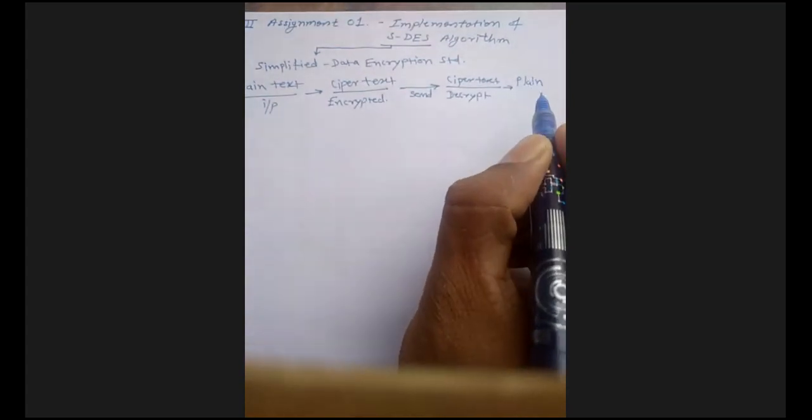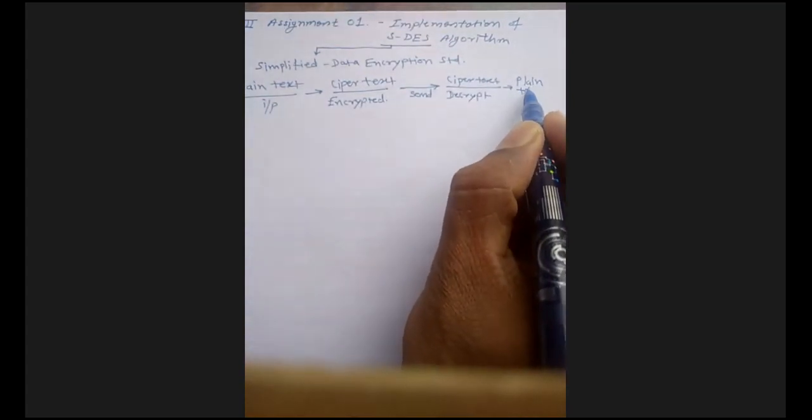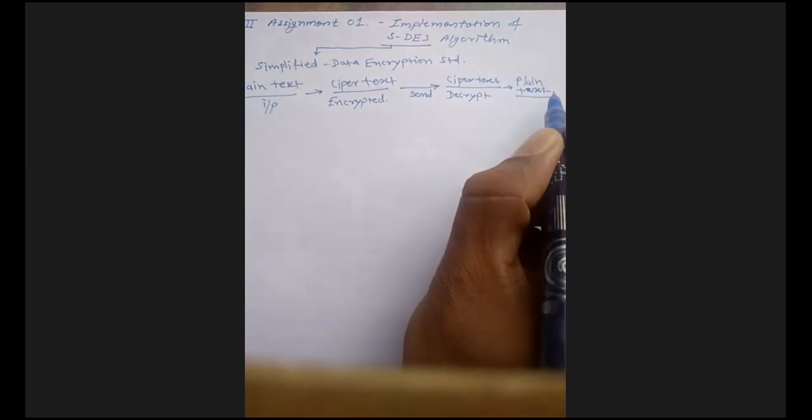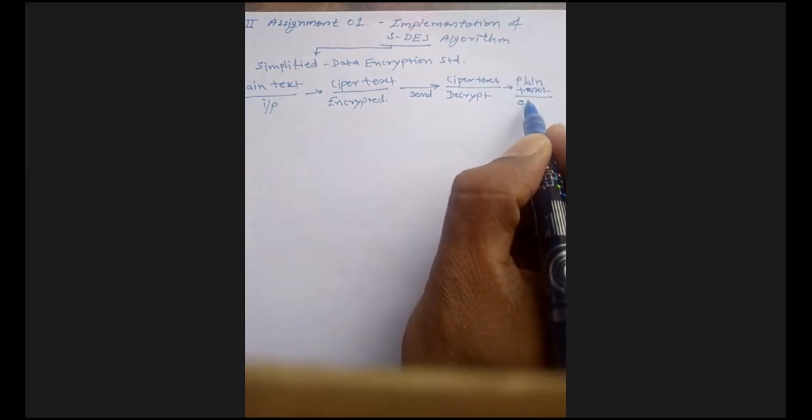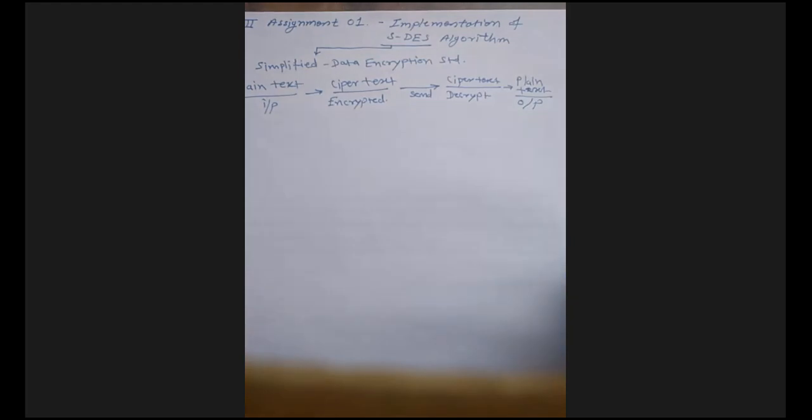So the message is decrypted, and after decryption it is converted back to plain text. This will become my output message.